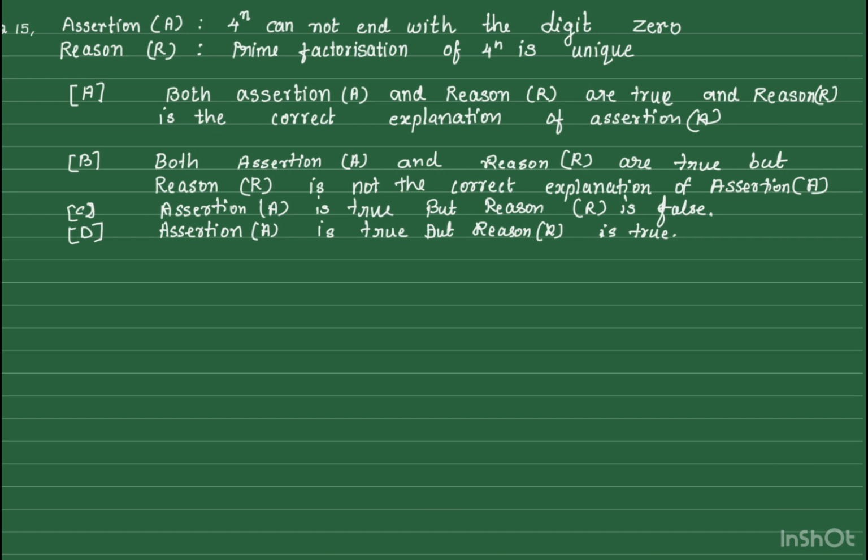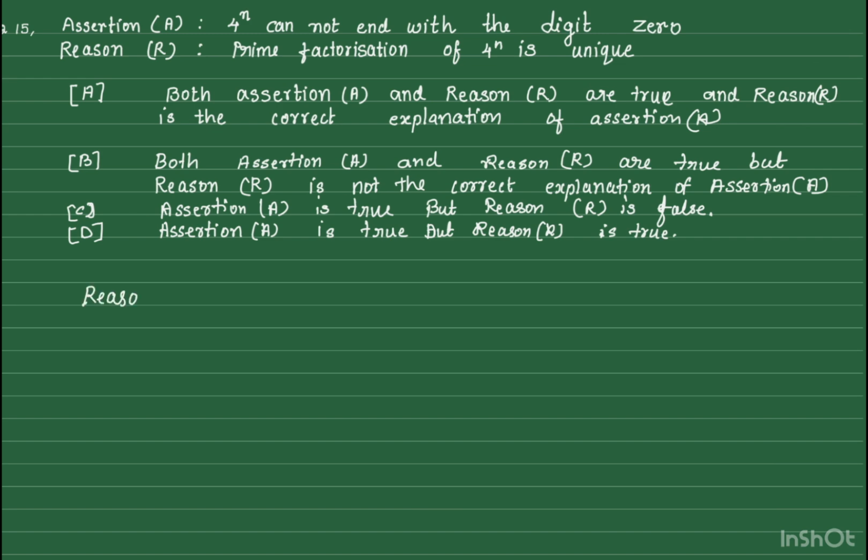A. Both assertion A and reason R are true, and reason R is the correct explanation of assertion A. B. Both assertion A and reason R are true, but reason R is not the correct explanation of assertion A. C. Assertion A is true, but reason R is false. D. Assertion A is false, but reason R is true.